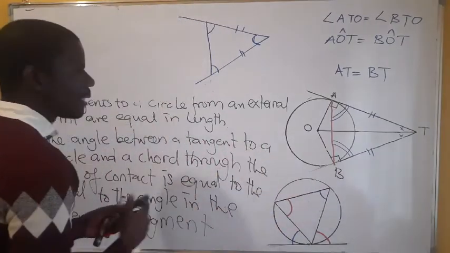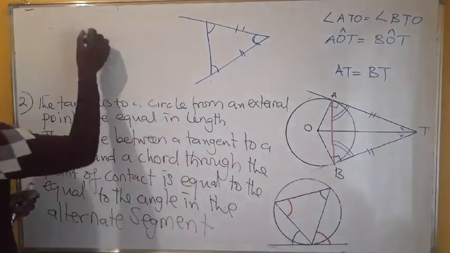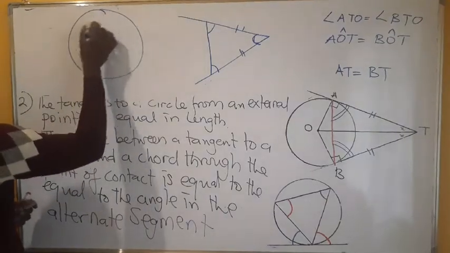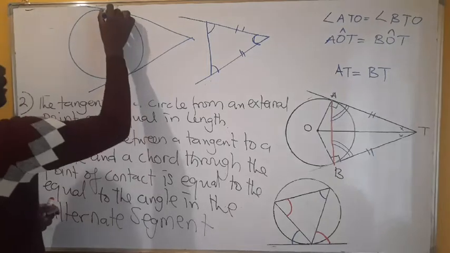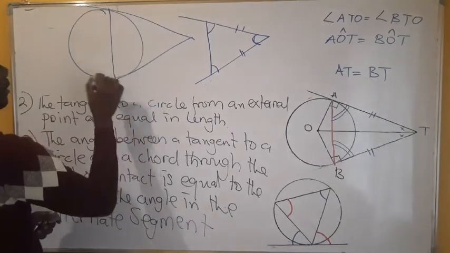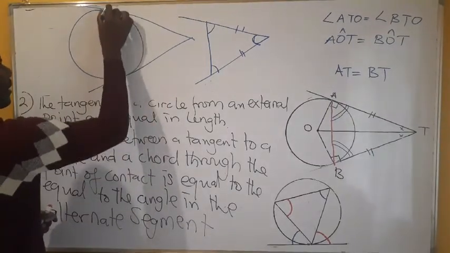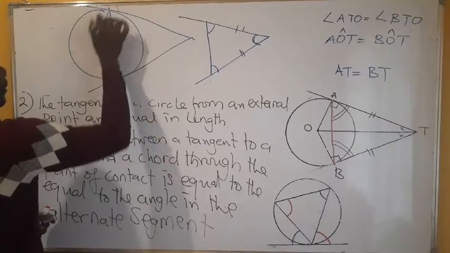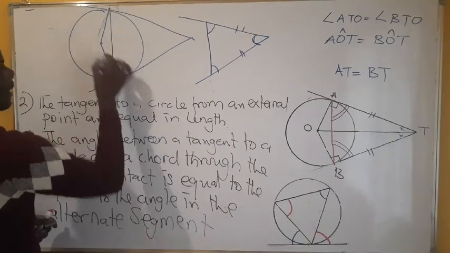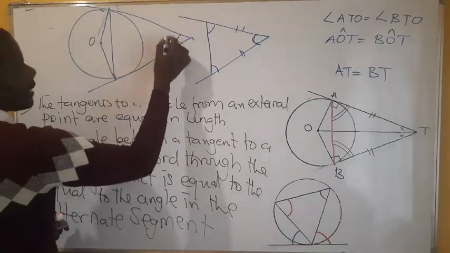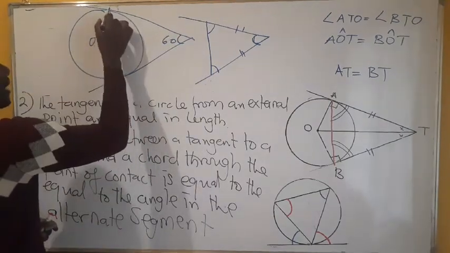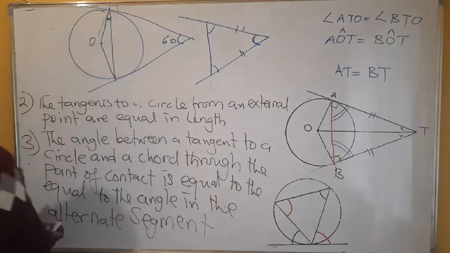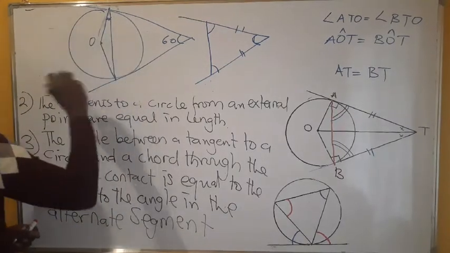Because there are cases that you are going to find in the exam where you have something like this. Sorry. If this is the center here, then they give you that this angle is 60 degrees, just an example. Then find this angle here.